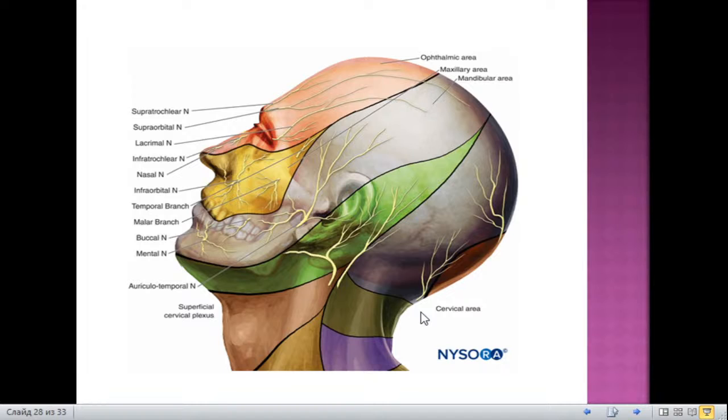The minor occipital nerve is a branch of the cervical plexus. Behind and below the auricle, it is the great auricular nerve, which is a branch of the cervical plexus as well.